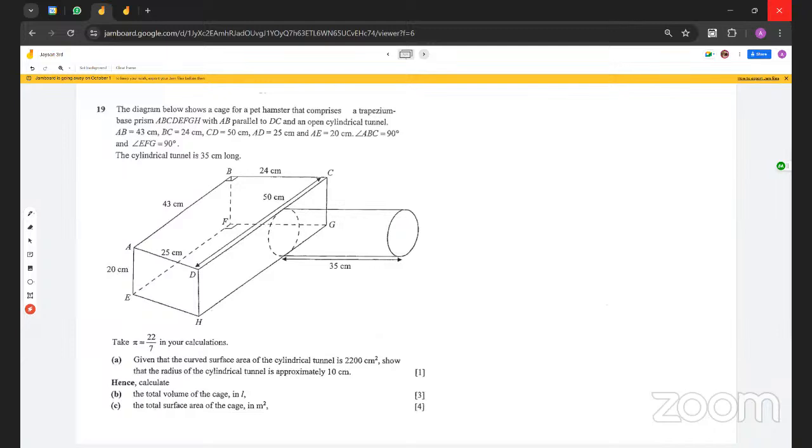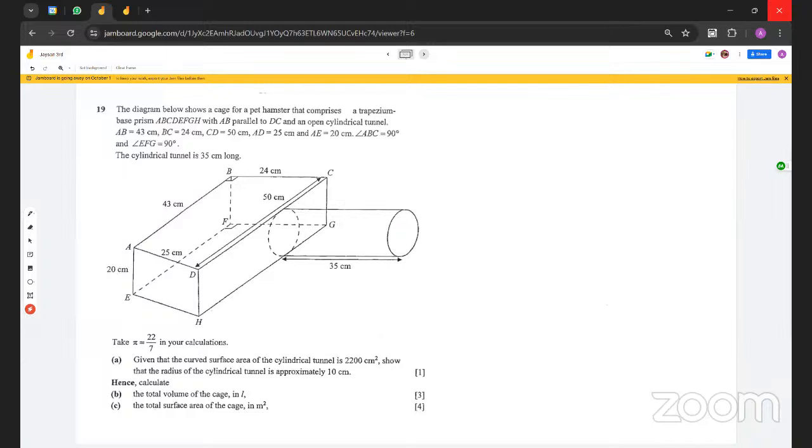Even if you cannot do A, you have something out of A. The radius of the cylindrical tunnel is 10 centimeters, and that is something you can use for the volume and the surface area. Correct or not? I hope that makes sense. For the 3 marks and 4 marks, can you do them? Let's forget about the 1 mark.